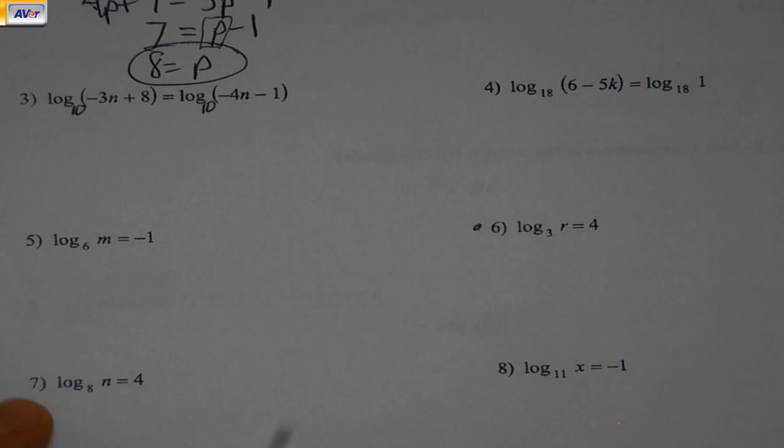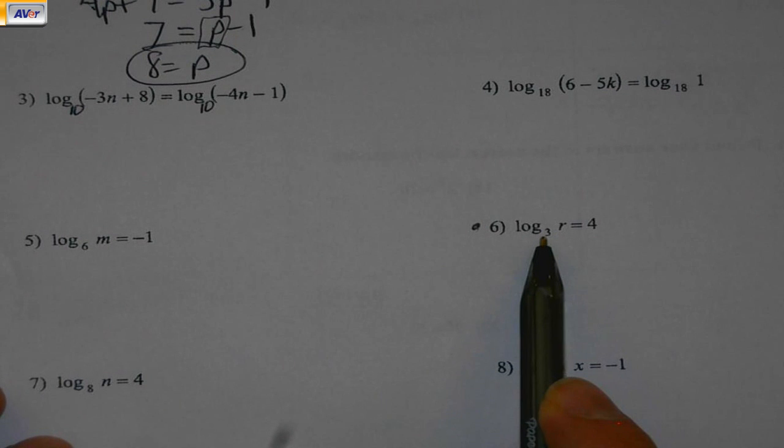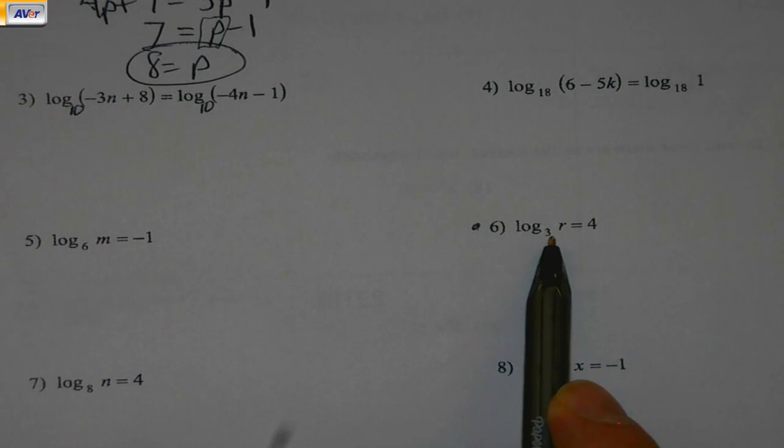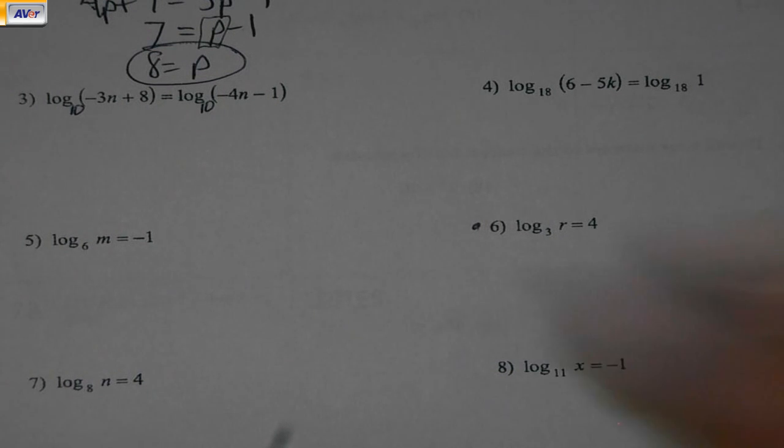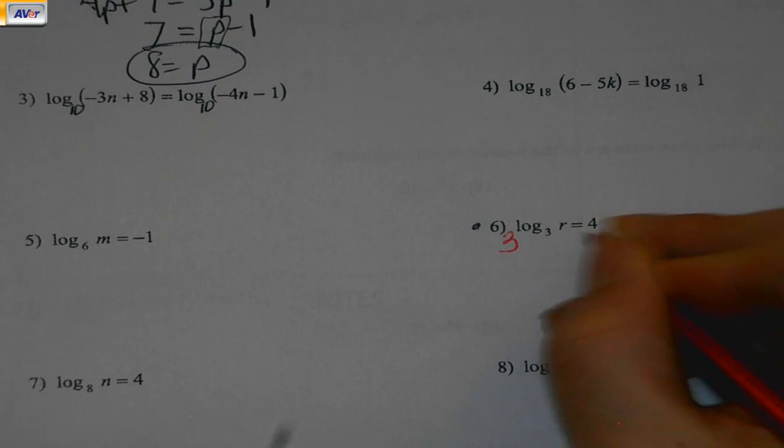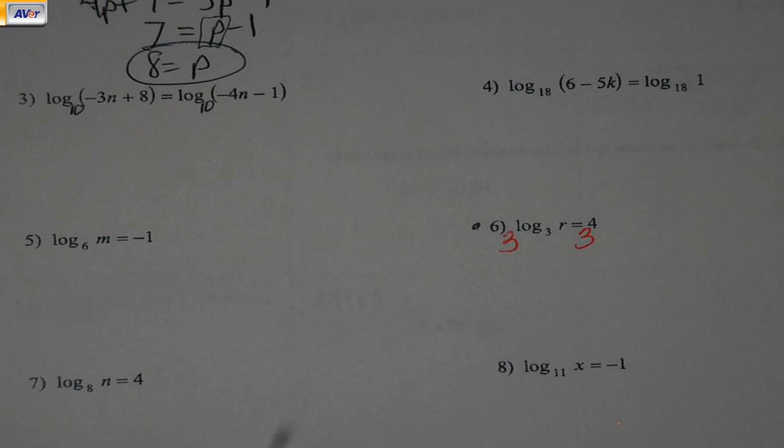As we go down a little further, let's see what we got marked up next. Okay, number 6. Again, I have a log here that I want to solve for. So I have to exponentiate with its base, which is 3. Not a problem. We do it to both sides, even though there's not a log over here, just like anything we do with opposites. Whatever I do to one side, I have to do to both.